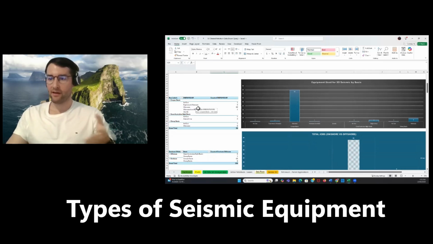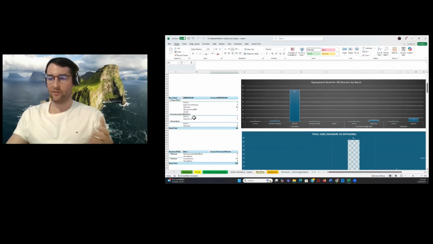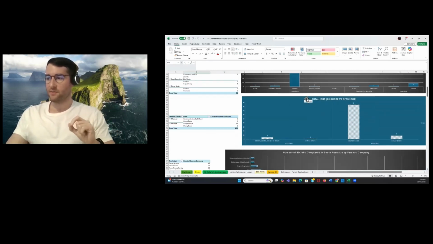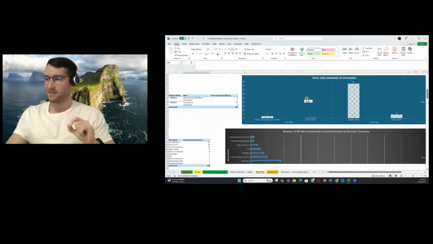So was it a vibe or Vibroseis? The majority of the time it was, and it was in the Cooper Basin where there was 80. These are obviously the air gun and the air gun array, which must be offshore-based seismic ways of surveying. So that gives you a few insights there.